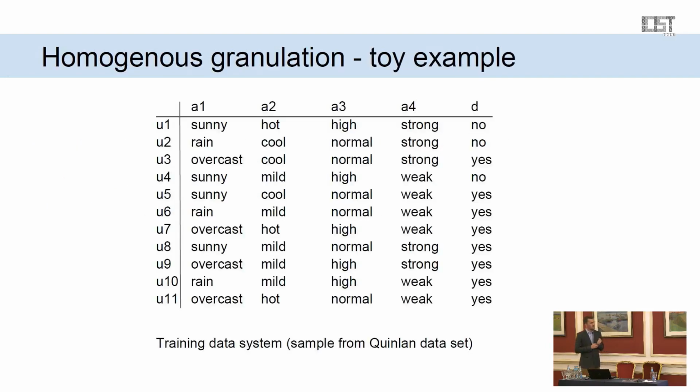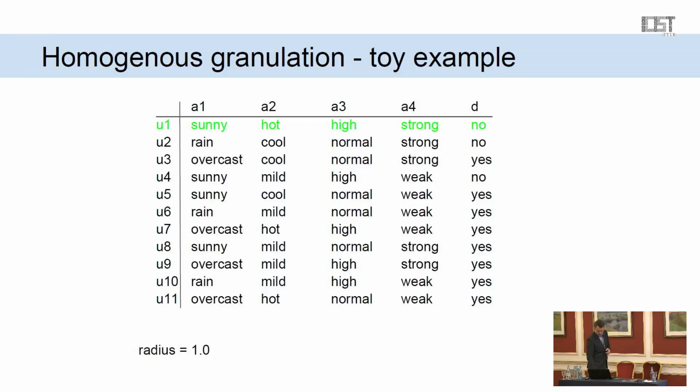This is a toy example with some data we were testing on. Results are also presented for bigger and more diverse data sets. So as the first step, we are picking the first object and looking for similarities. Of course, this object is similar to itself in full degree.